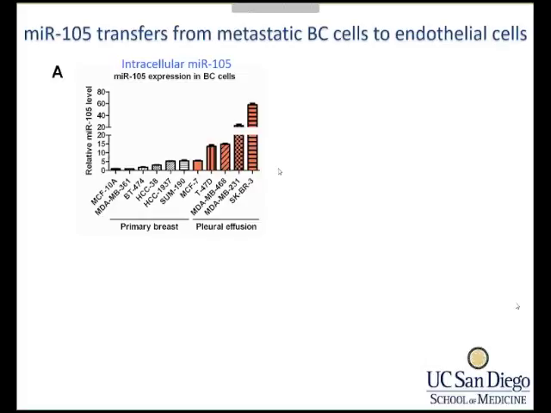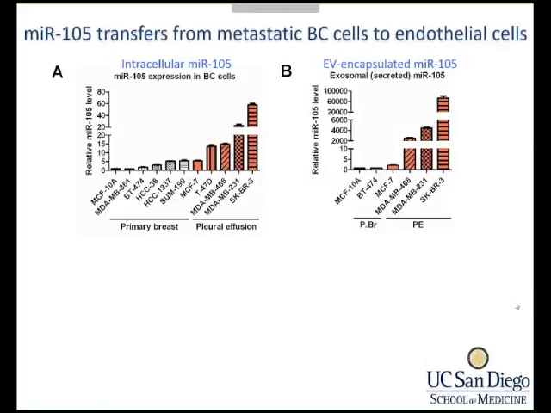And in the exosomes we prepared from these cell lines, those metastatic breast cancer cells also secrete a much higher level of miR-105 into the extracellular vesicles. So this indicates that miR-105 could be related to the metastatic potential of breast cancer cells.